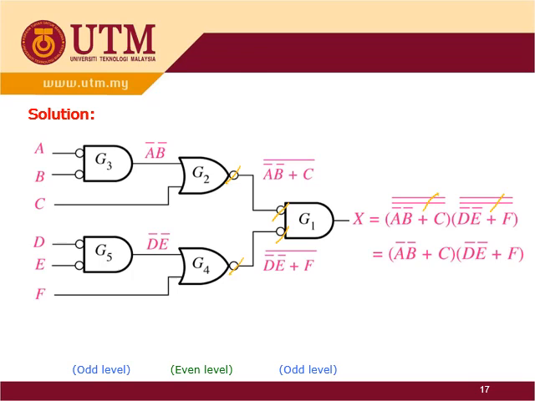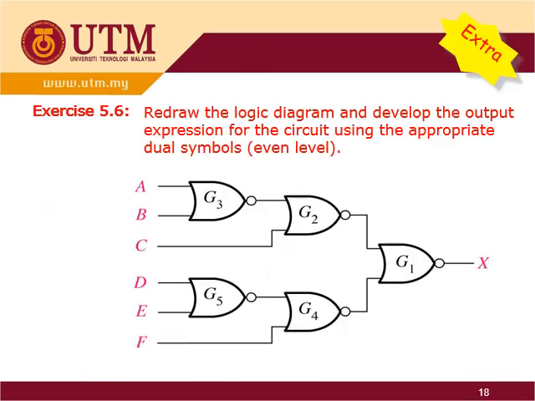When you use odd number, very easy to get the answer. So this is an extra exercise question. Please try it, but this time try even level. I bet you have to do extra steps, just like the other example in the NAND gate.